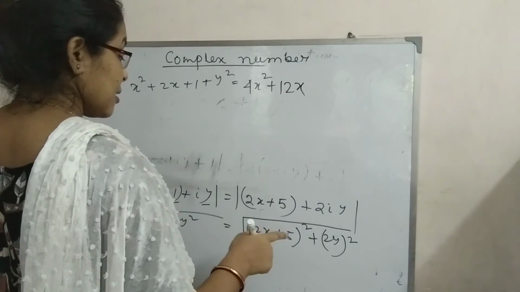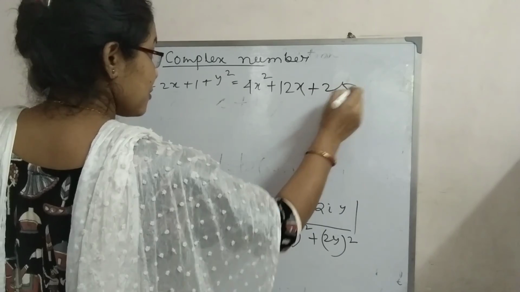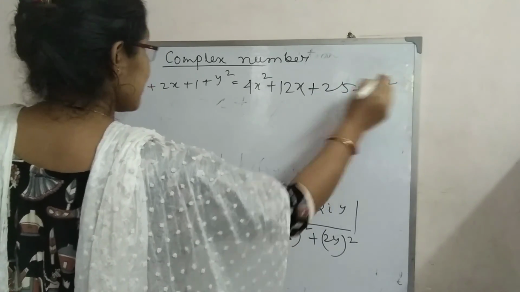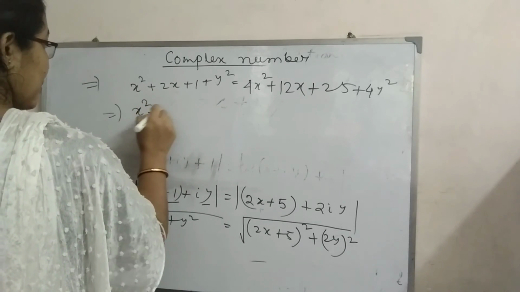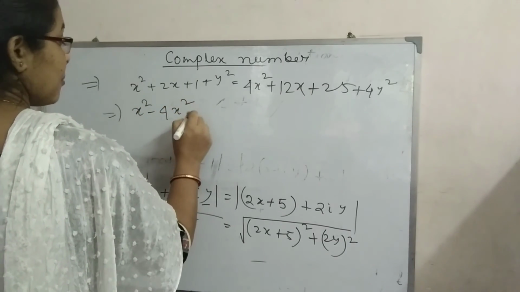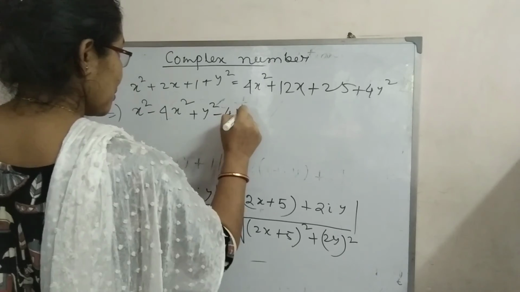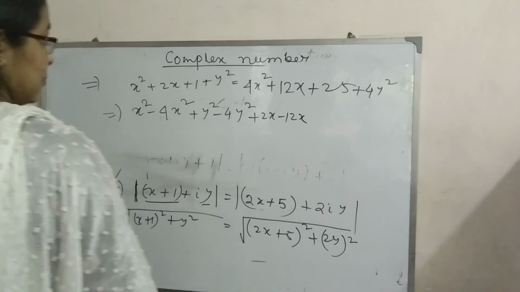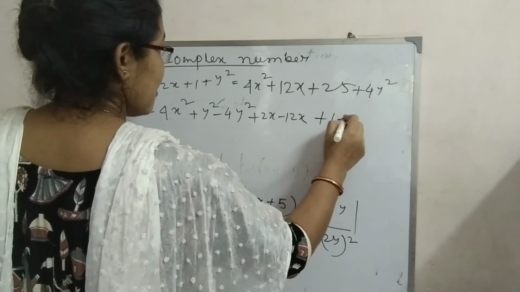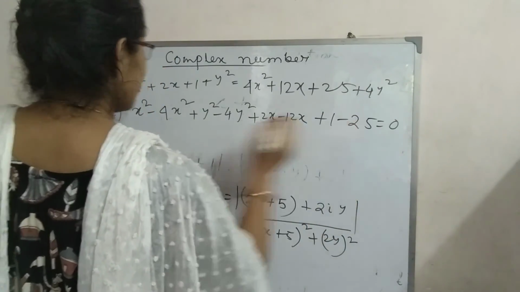Squaring both sides and cancelling out the roots, that is x square minus 4x square plus y square minus 4y square plus 2x minus 20x plus 1 minus 25, this is equal to 0.